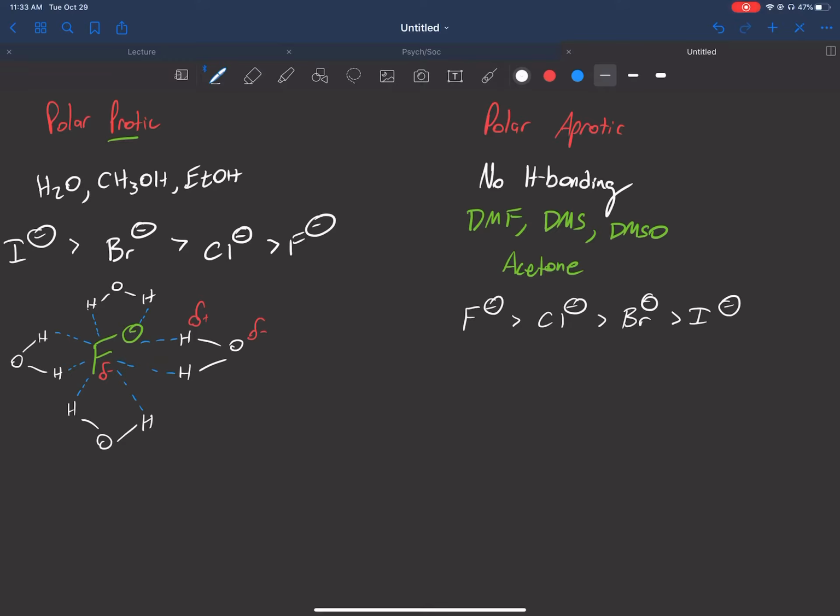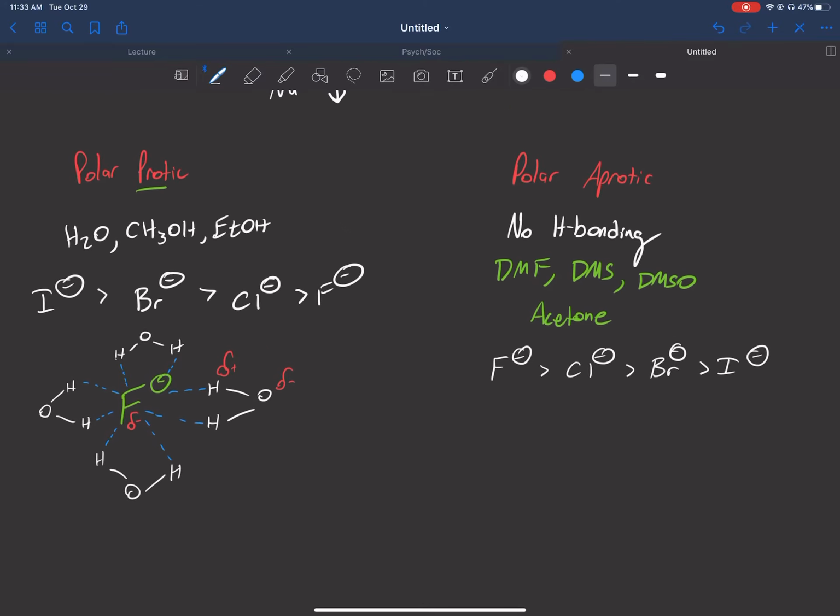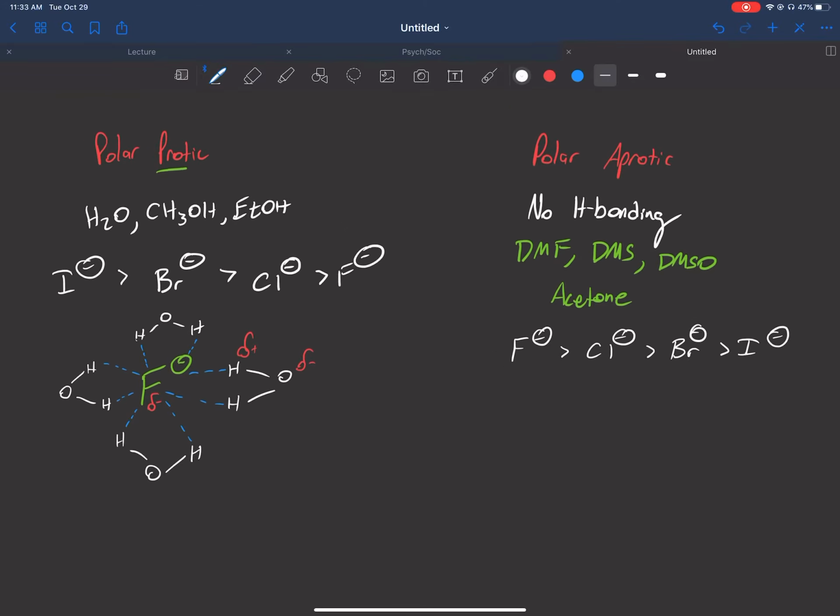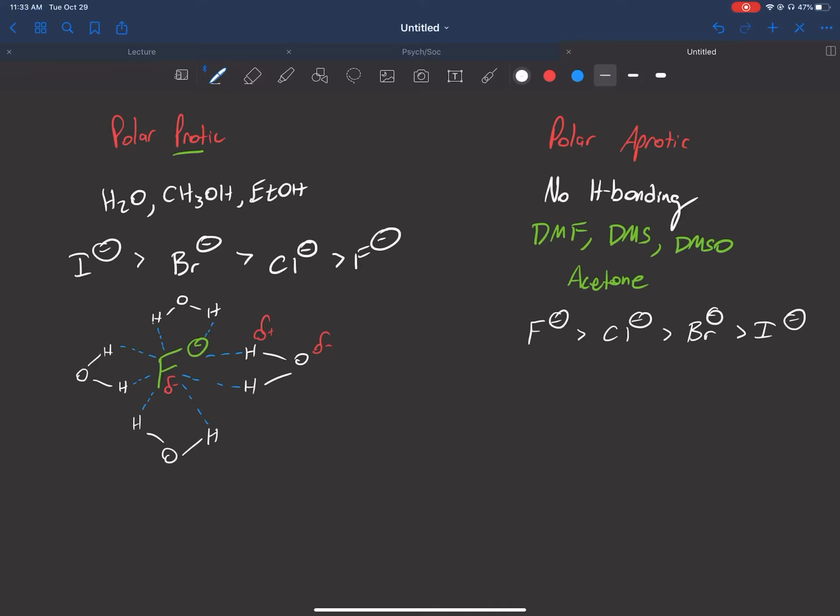Okay. Now this reason isn't as clear, but in this case we don't have hydrogen bonding to hinder our nucleophiles, right? And in reality, nucleophilicity is actually very closely related to basicity. Okay, good nucleophiles can also be good bases.